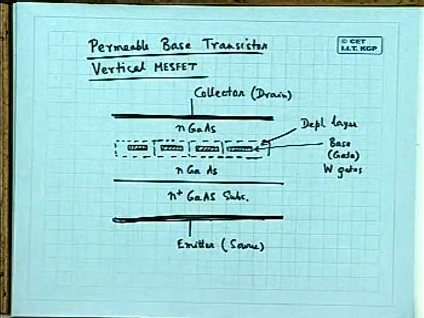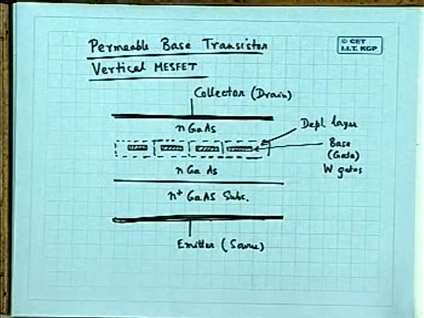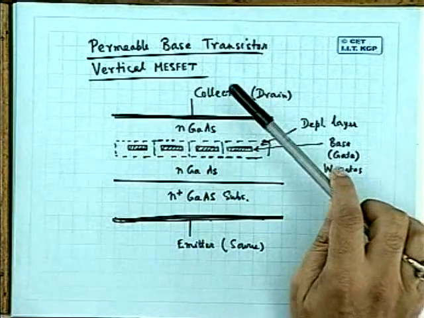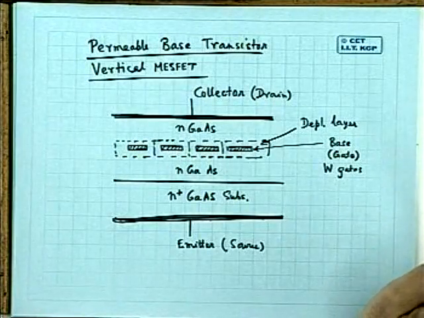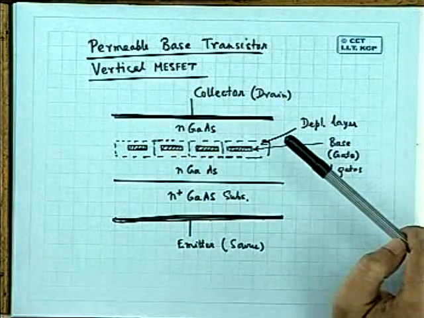What is the structure? This is a MESFET, at the same time this is a BJT. Very similar. Therefore, this can be visualized as a MESFET or can be visualized as a BJT.